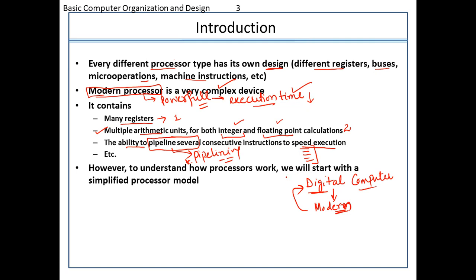But in order to understand a complex system, today in this chapter we will focus on how the processors work within a digital machine by considering a very simple specification.